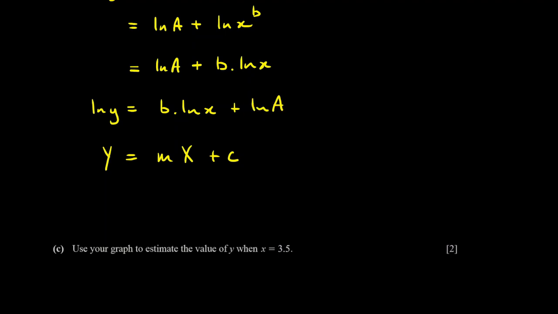So basically, if we go back to our graph and we calculate the gradient, it should correspond to b, and the y-intercept should correspond to ln a.